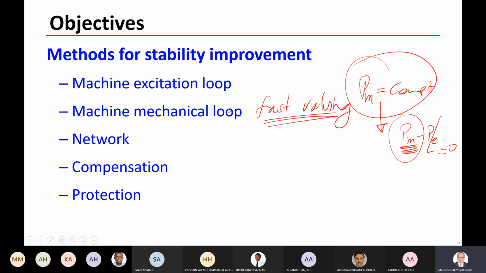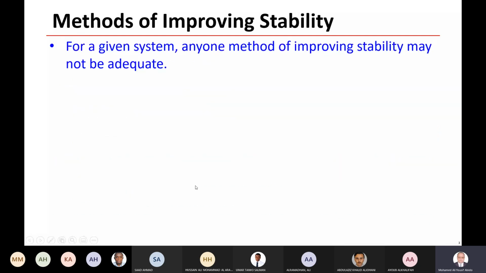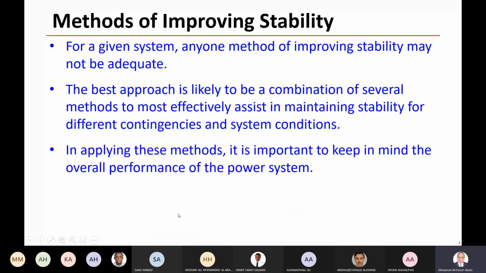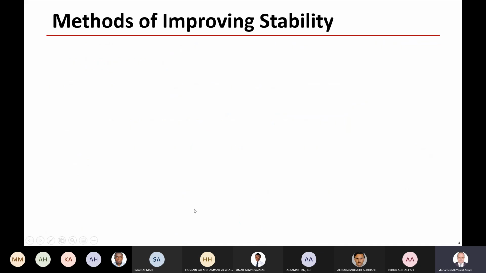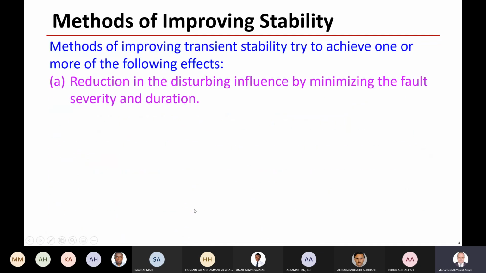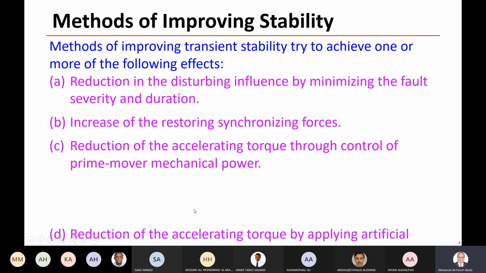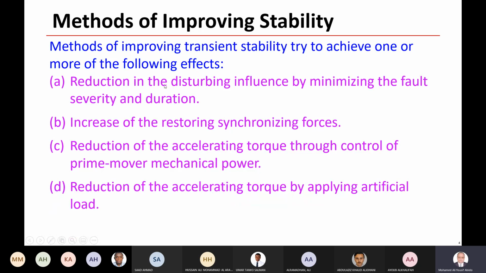Then, as we mentioned, the FACTS devices and so on, shunt compensation, series compensation, protection, clearing the fault as fast as possible, and also single pole switching and so on. So these are the reading material actually. It is just very simple. These are the main major objectives.